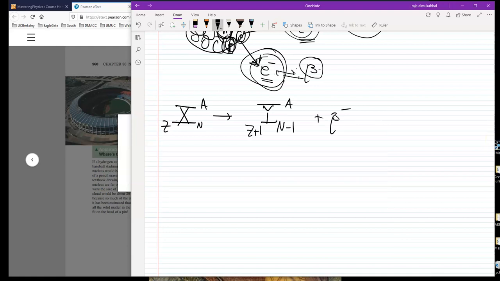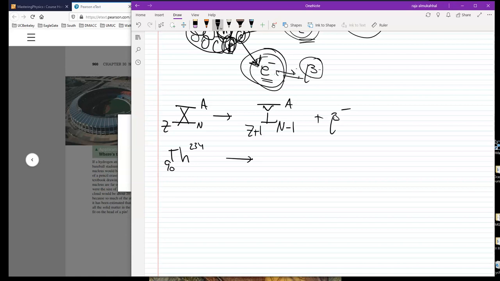Okay, let me give you an example, to show you what that means. You have thorium-234, with Z equal to 90, and it is neutron rich.